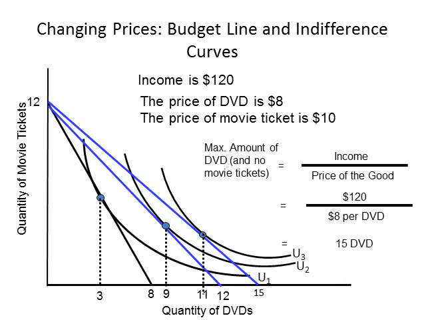The new budget constraint touches the indifference curve U3 at 11 DVDs. If the points where the indifference curves touch their respective budget constraints are connected together, a downward sloping line appears.